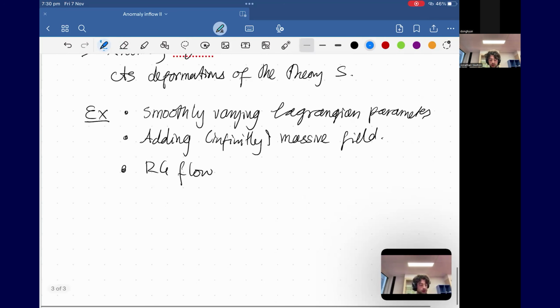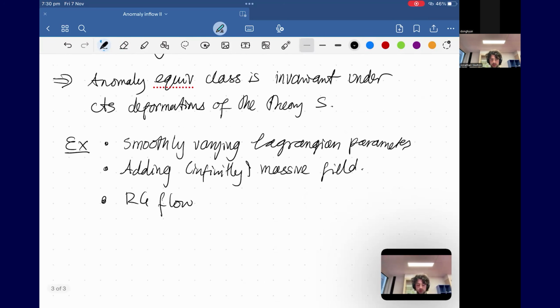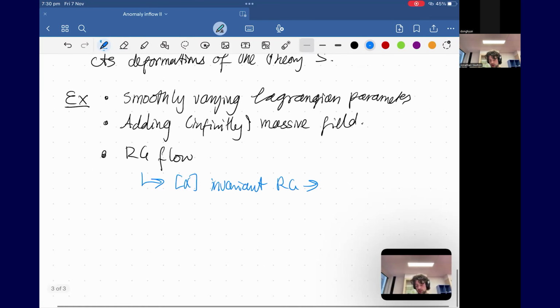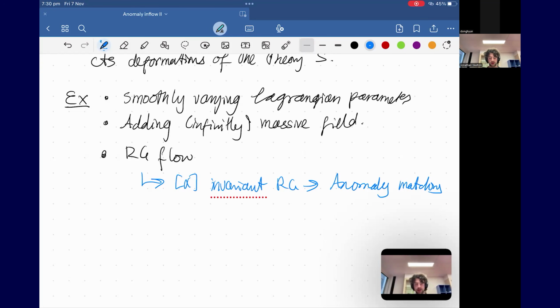So importantly, it means that these equivalence classes, these alphas, are going to be invariant under RG flow. And this leads to something known as anomaly matching, which basically says that the anomaly equivalence class of the IR has to be the same as that of the UV.